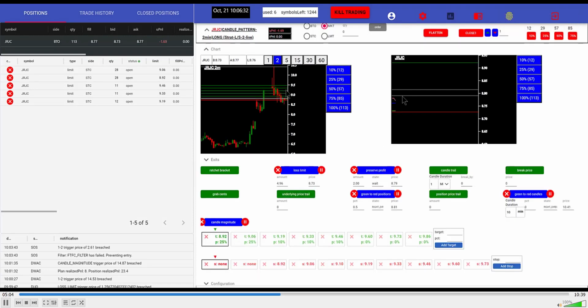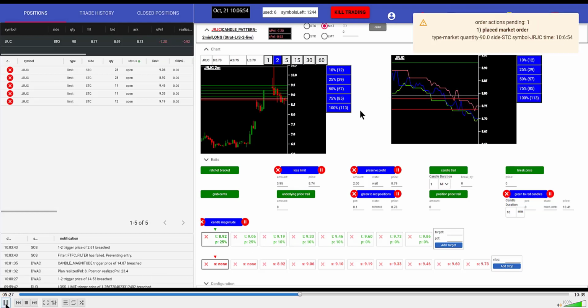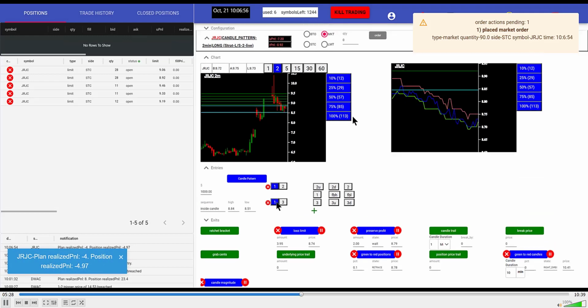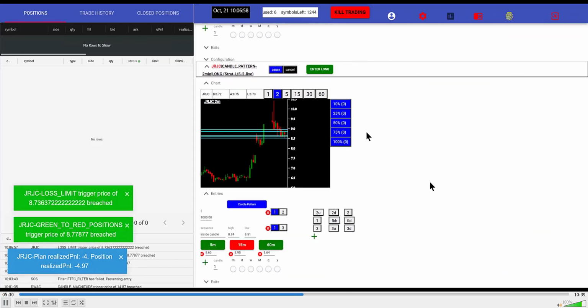Okay, so there's all the targets up above, and you can watch down here to see these brackets if they move, if we hit the targets. And in that case, yeah, we took a 497 loss.